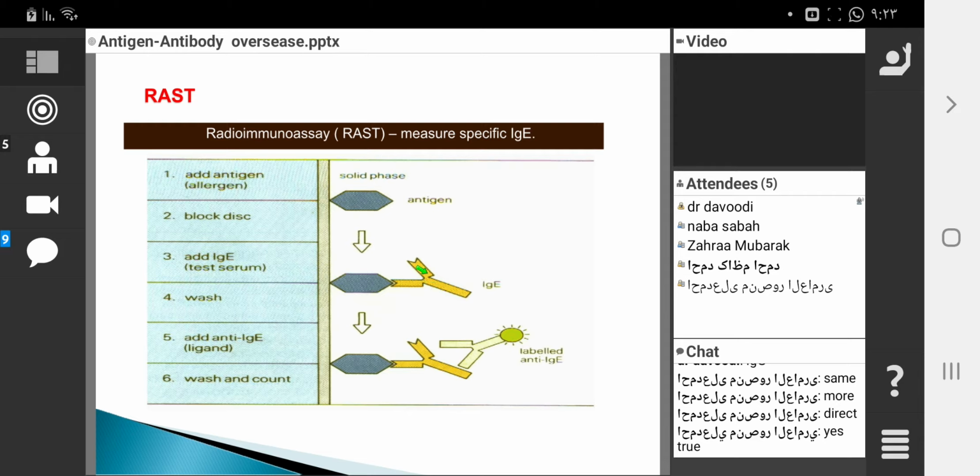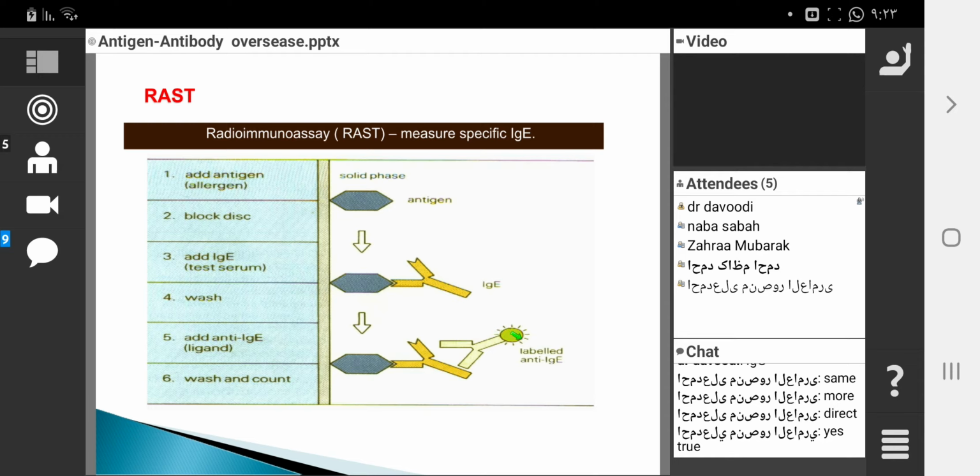If there is IgE, the IgE binds to the allergen, and then after washing, we can find the antigen-antibody complex by a secondary antibody, which is labeled with radioactivity.